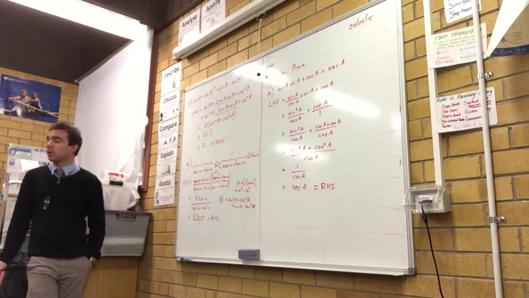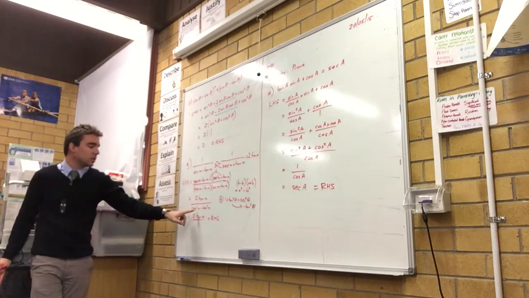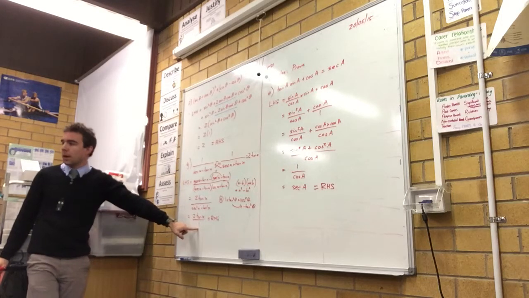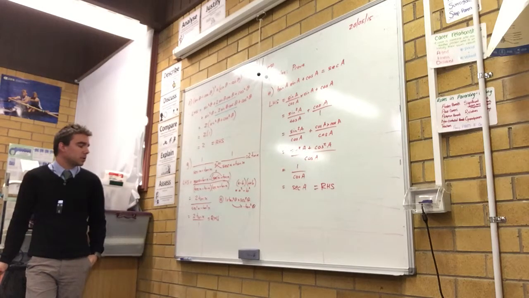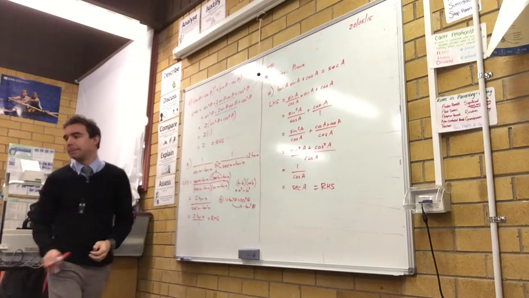But because it's a proof, you need to show everything. So you need to show at least this expansion and that it results to 1. If you do not show that, for this particular style of question, you may not get your full marks.